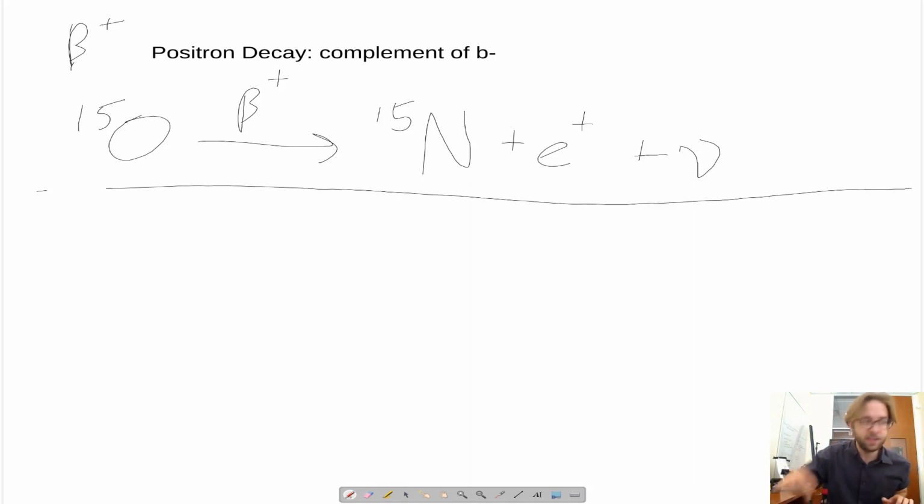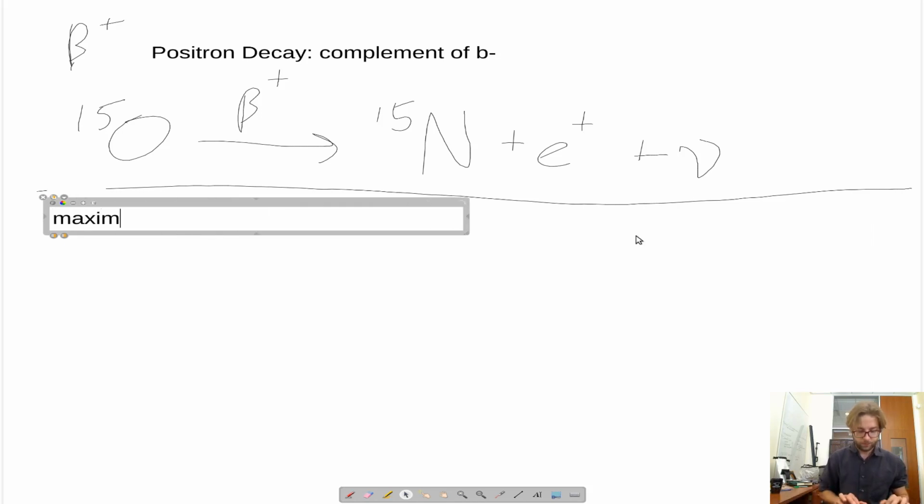That being said, both beta minus and beta plus have maximum emission energy. So let me write that down. Maximum energy.